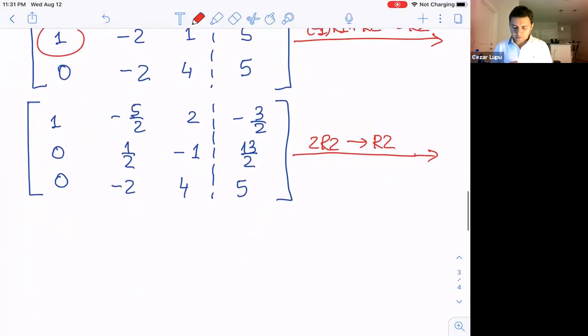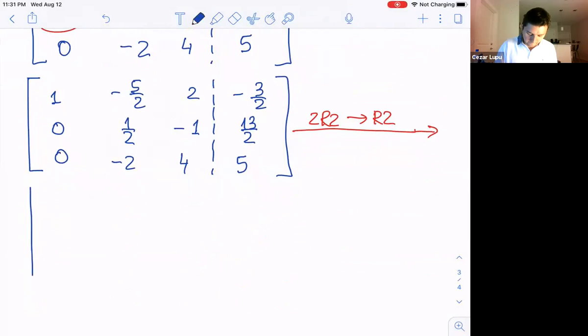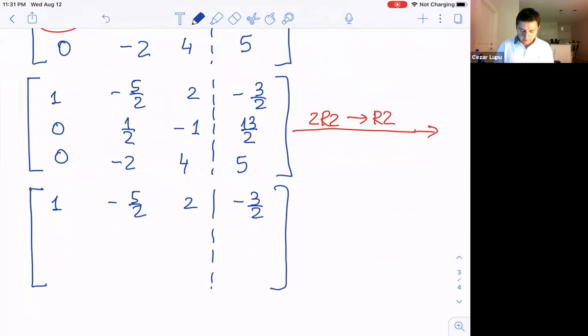Okay, great, let's do it. And we'll get the following matrix. 1, -5 over 2, 2. And this will be 0, 1, -2, and 13.